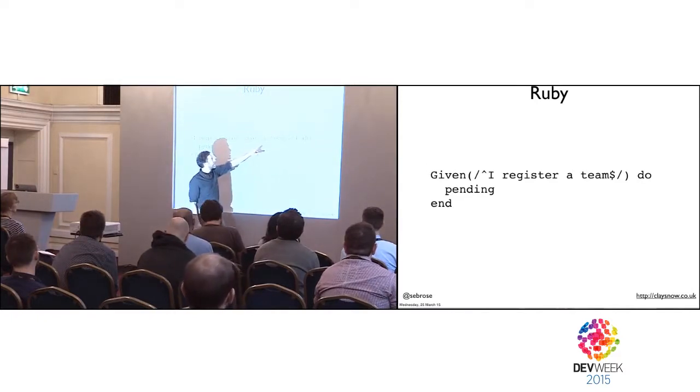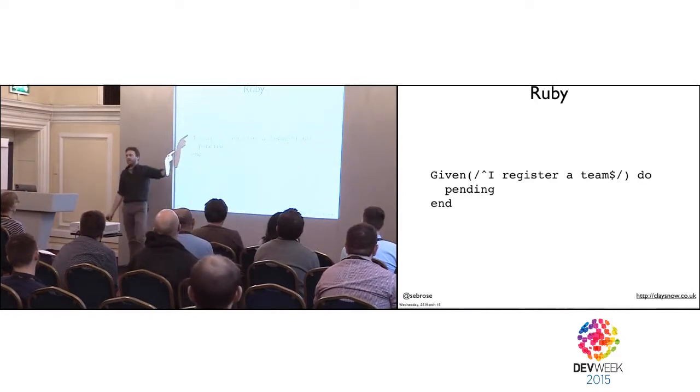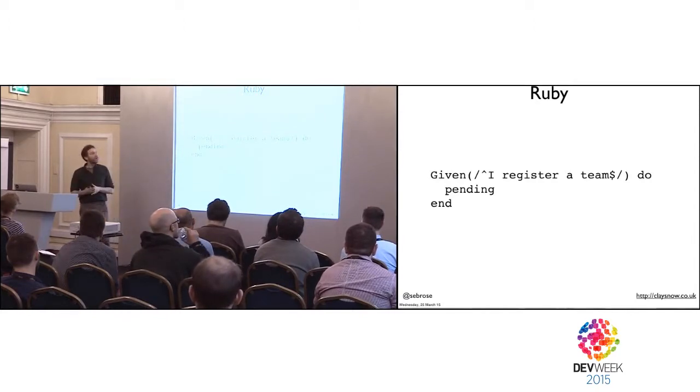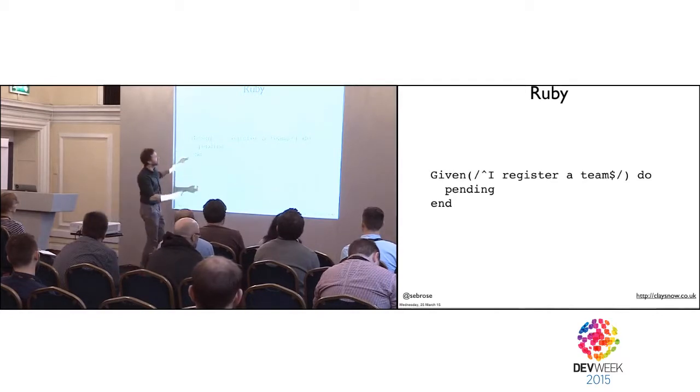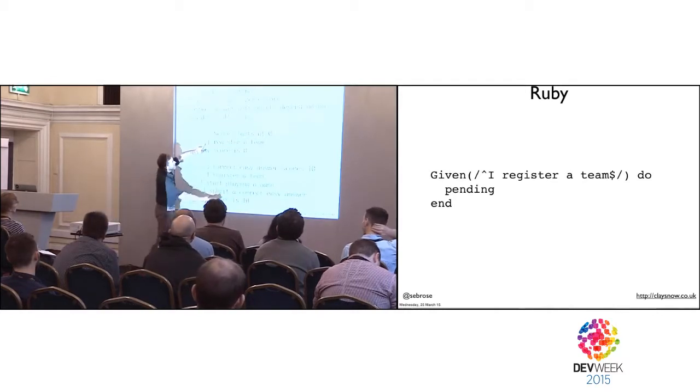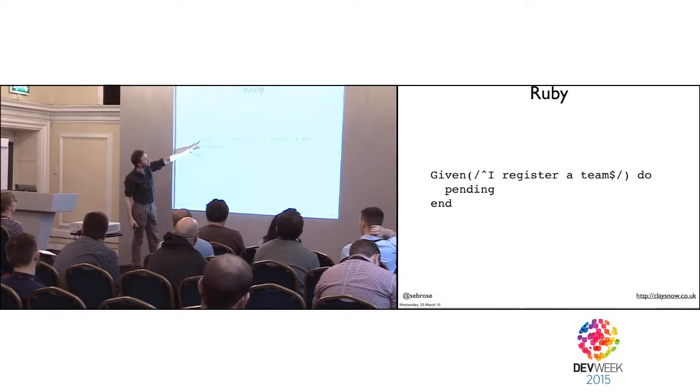This means the end of the line. So this regular expression will only match a step that, as its first character after the keyword, is I, and then it says I register a team, and then it's a new line. So that's what this is matching. If you go back, it matches this exactly.